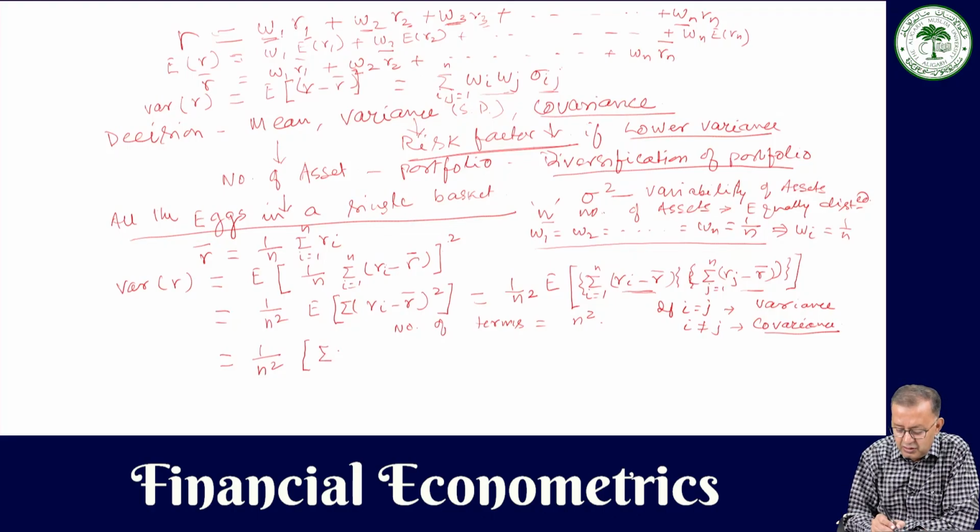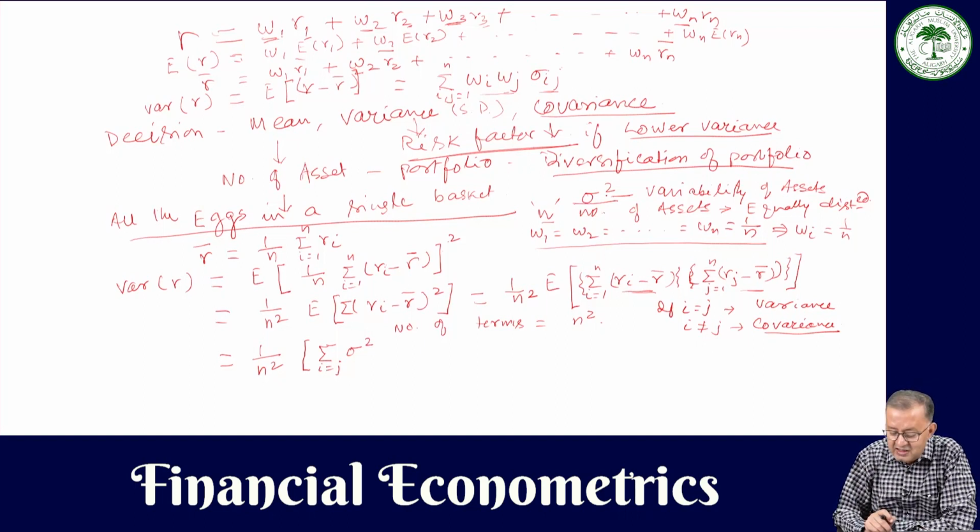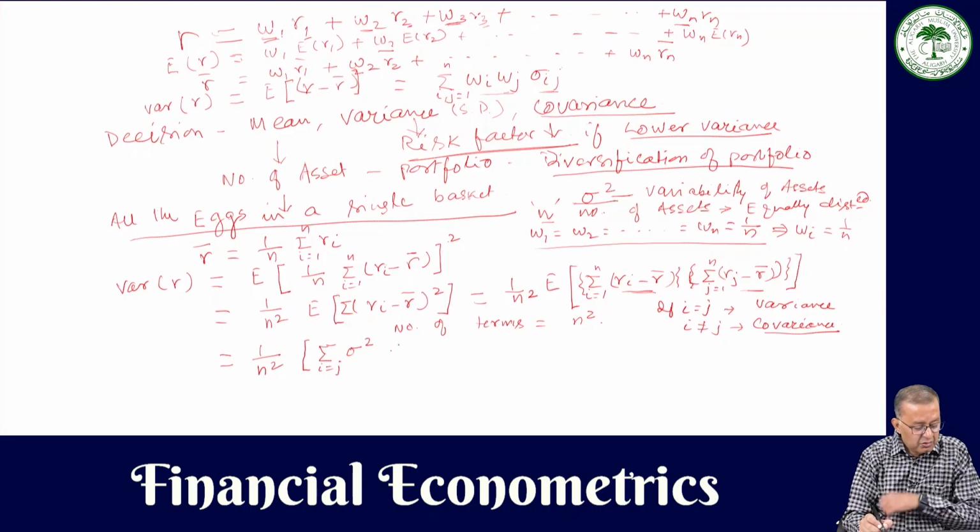If i is equal to j, then this can be written as sigma square, the constant variance we are assuming for all the assets. If i is not equal to j, then in that situation we write down like this: sigma ij.